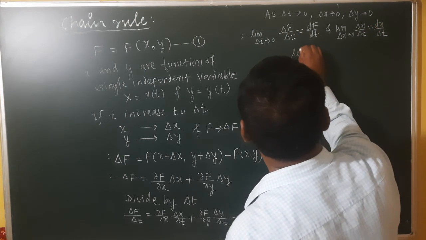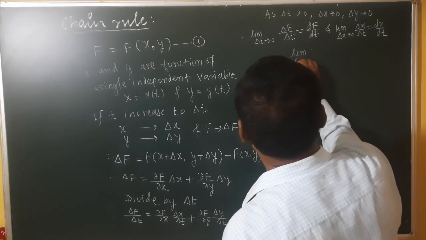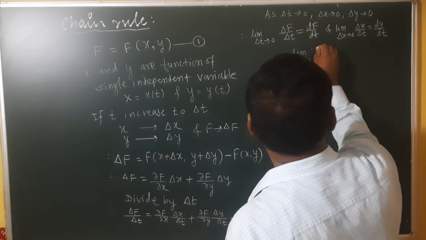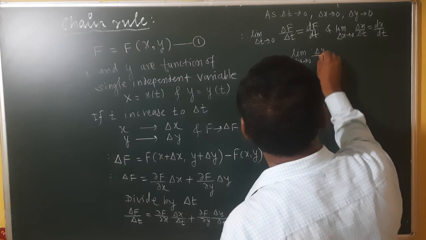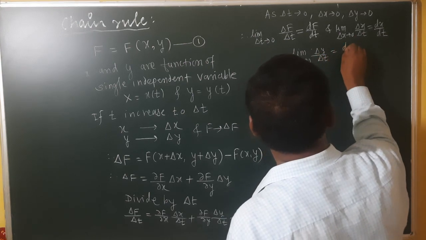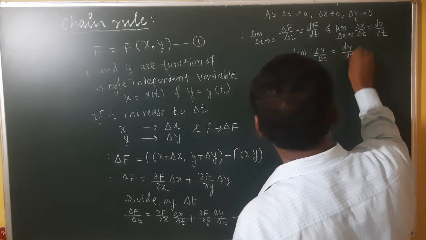The limit as delta y tends to 0 of delta y upon delta t is dy by dt.